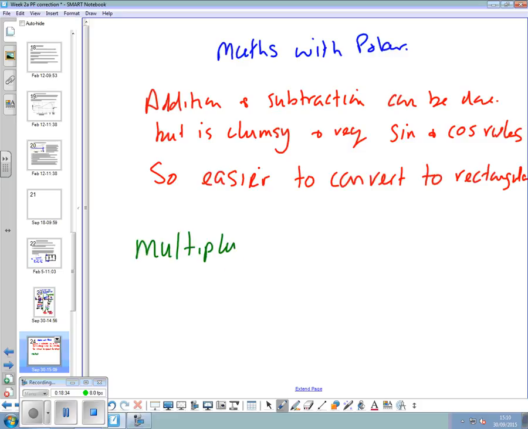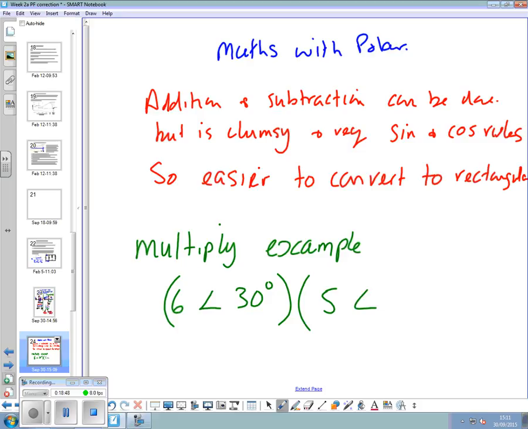Multiply. Example: 6 angle 30 degrees times 5 angle minus 20 degrees. Either of you remember how to do that? Yeah, you do. You multiply the magnitudes and you add the angles.